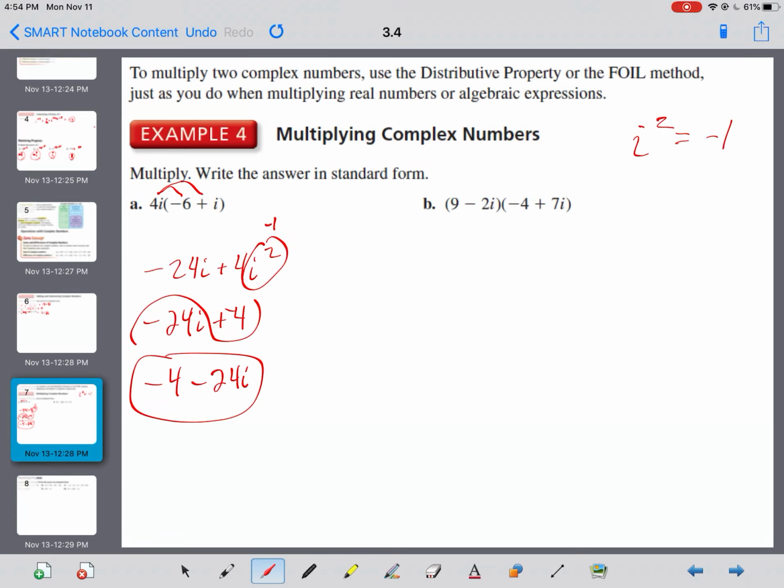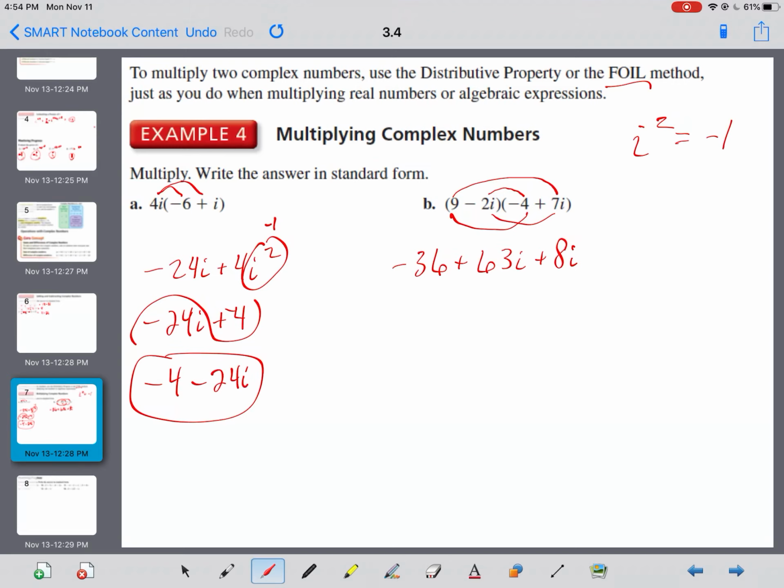Now with B, we've got binomial times binomial. That's back to FOIL: first, outer, inner, last. First times first: 9 times negative 4 is negative 36. Outer times outer: 9 and 7 is 63i. Inner times inner: negative 2i and negative 4. Negative negative makes positive, 2 and 4 makes 8i.